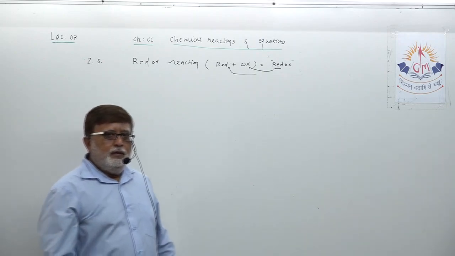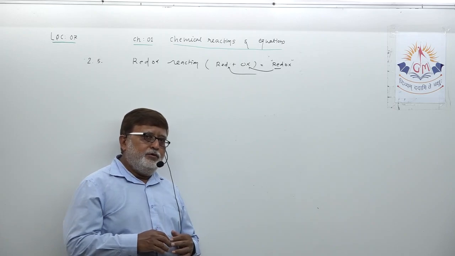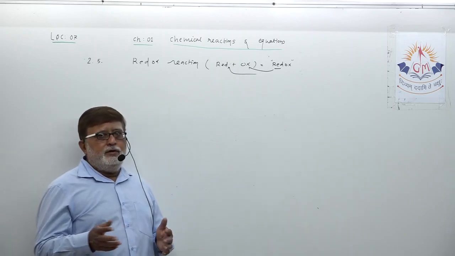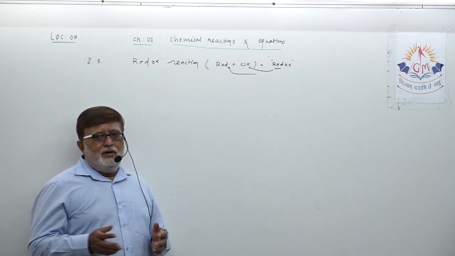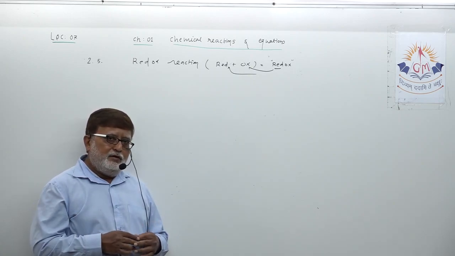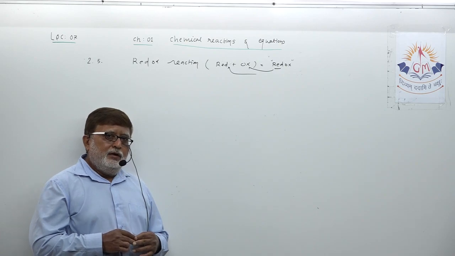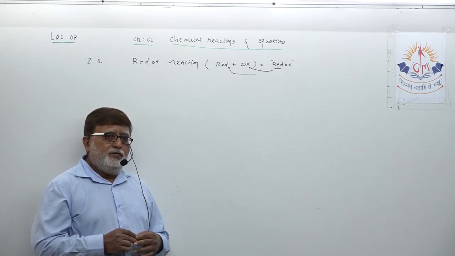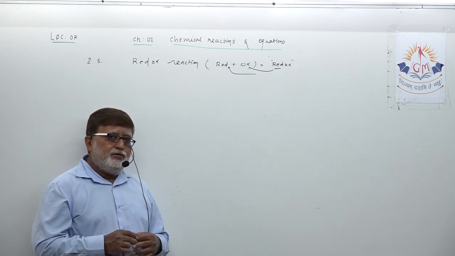Understand? This topic is important for you because in 10th standard you generally deal with a simple type of redox reaction, but when you go to higher standard in 11, 12, you will understand many types of redox reaction.